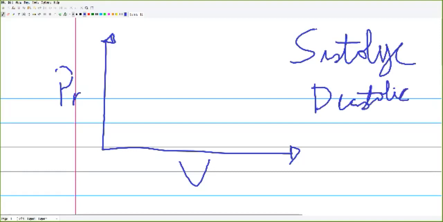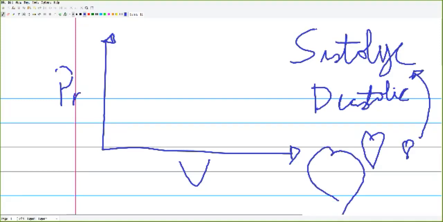It's basically when the heart is pumping. So when the heart is squeezed, is on the systolic, and when the heart is getting more blood, is the diastolic. Okay.